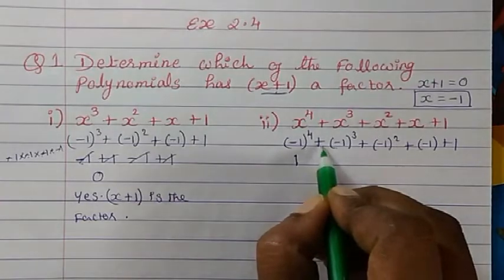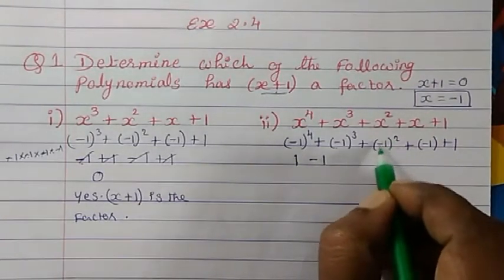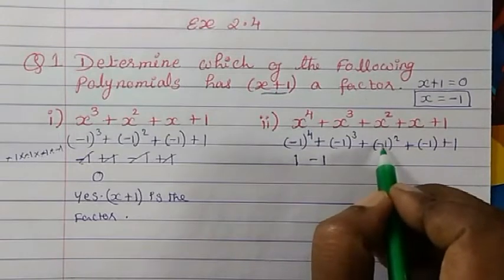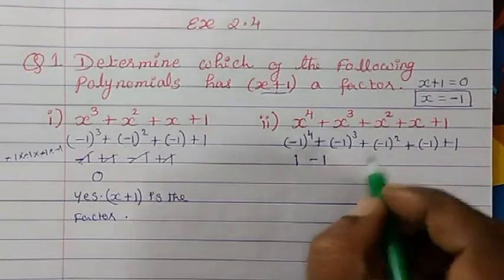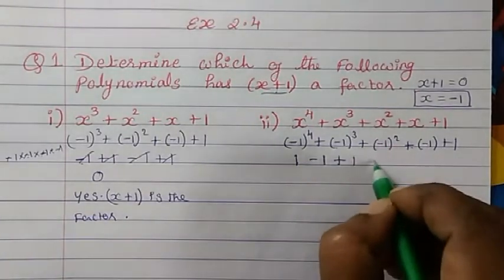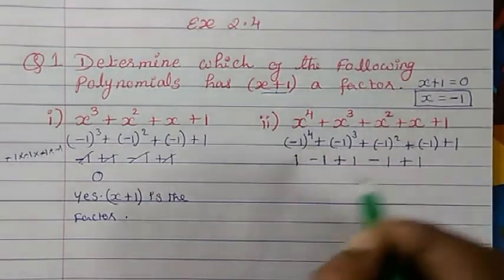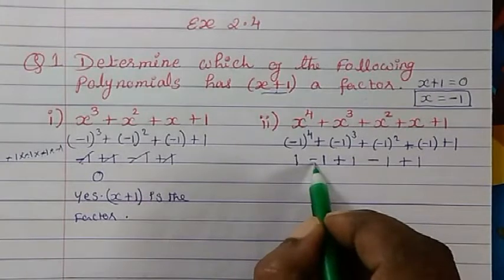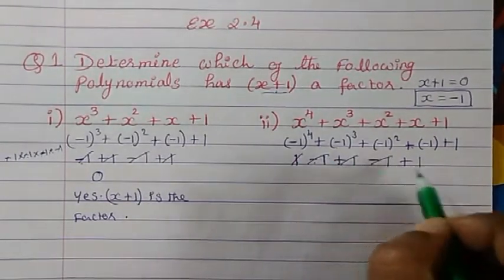Then minus 1 into plus, we will get minus 1. Now here this will become plus because minus into minus, two times, will become plus 1. Plus into plus we will get plus, so plus 1. Then here plus into minus we will get minus 1, then this plus 1. Now let's see, minus 1 plus 1 gets cancelled, plus 1 minus 1 gets cancelled.